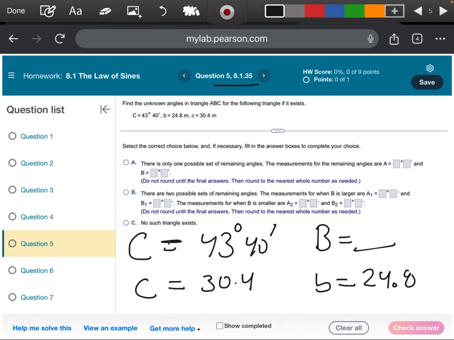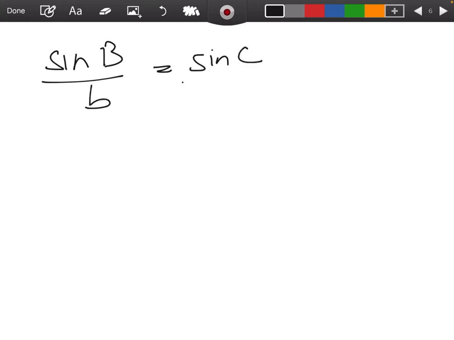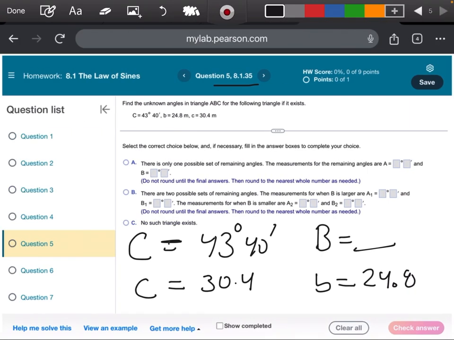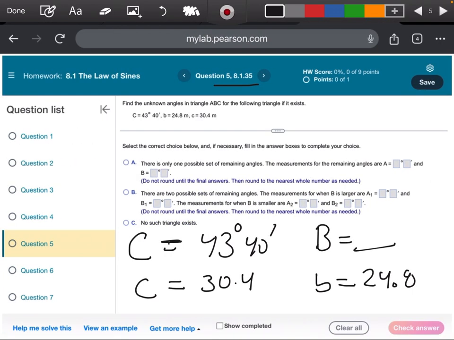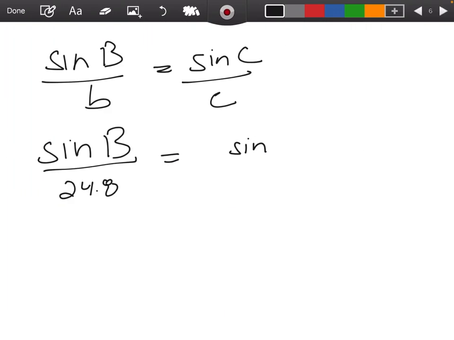So let's see if we can set this up. I'm going to use my law of sines by saying the sine of B over B is equal to the sine of C over C. So the sine of B over my value of B, which was 24.8, is equal to the sine of C, which is 43 degrees, 40 minutes, divided by the value of C, which was 30.4.